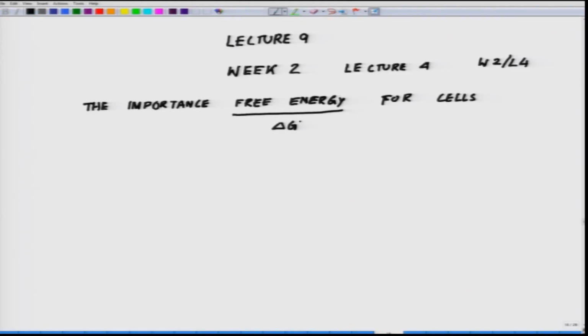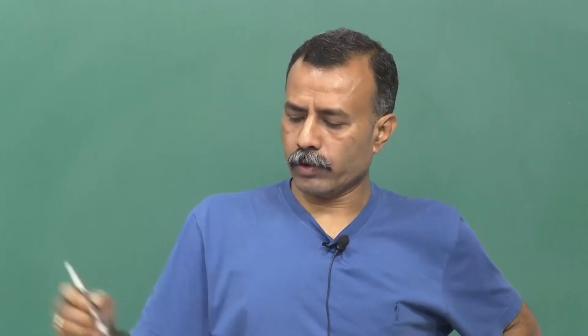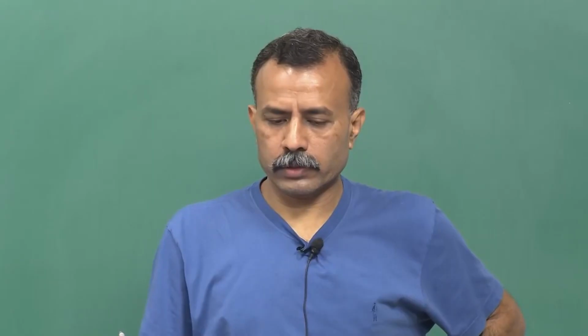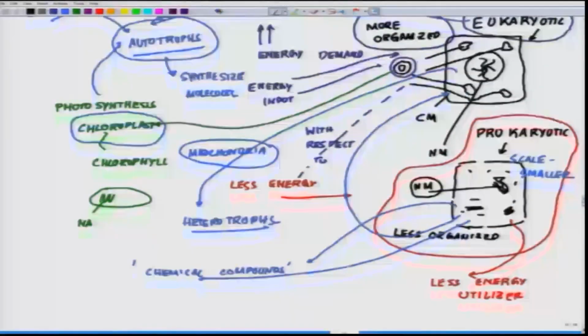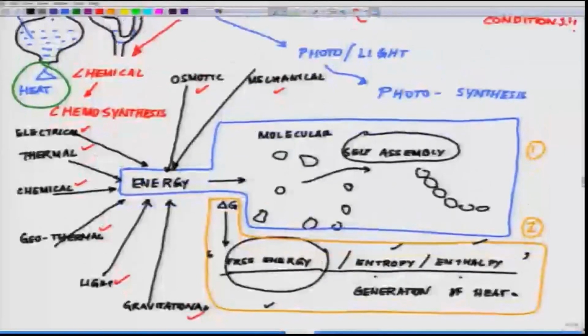Delta G. So, whenever a reaction occurs, we have talked a lot about self assembling. If you go back, this was one of the slides I wanted to highlight here.